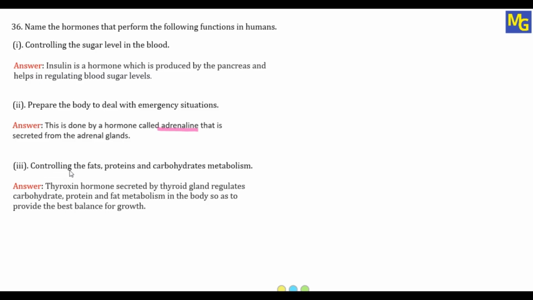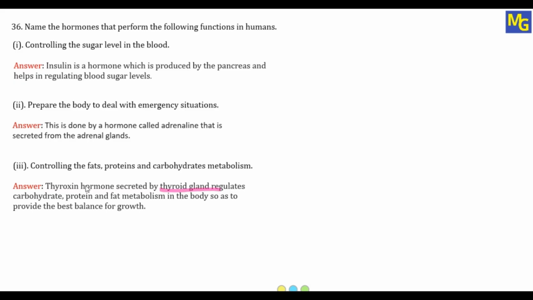Third question, controlling the fat, protein, carbohydrate metabolism, which means the day-to-day activities, that is metabolism. So the digestion of this fat, protein and carbohydrate to get more energy, that is controlled by which hormone? The hormone is thyroxine, which is secreted by the thyroid gland, the gland which is present in the neck.